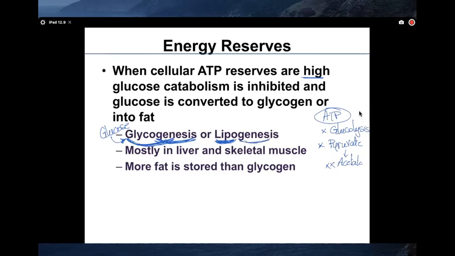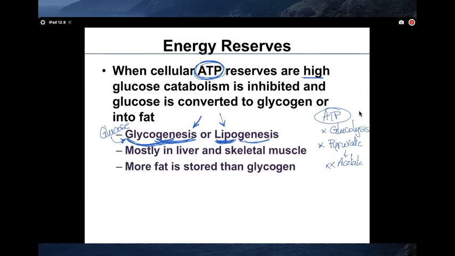So again, if you have more intake than what you need, you're going to have higher ATP reserves in your cells, and the higher ATP reserves will be inducing the anabolic reactions. You're building up more complex structures from the glucose. This includes the glycogenesis and the lipogenesis.